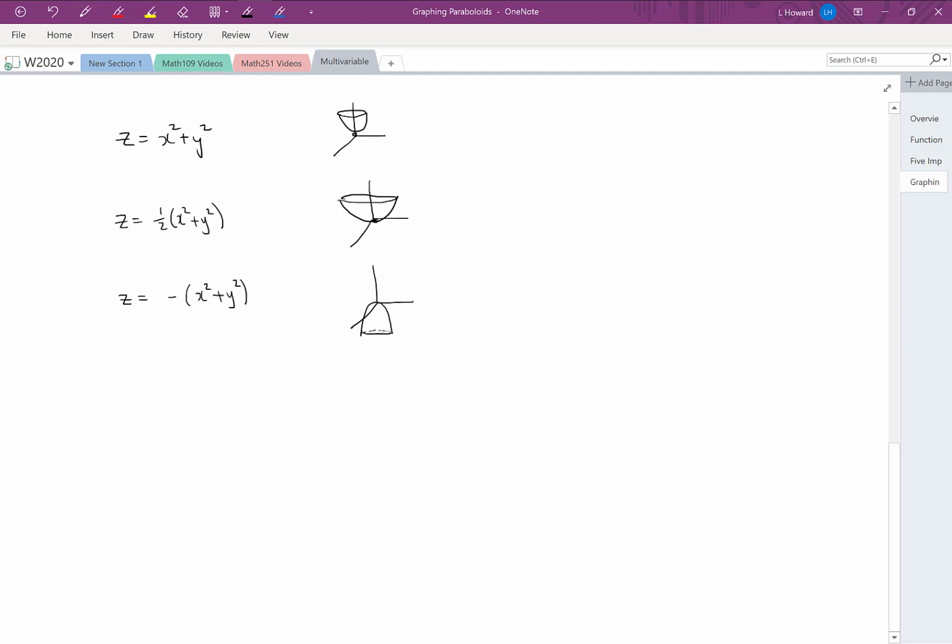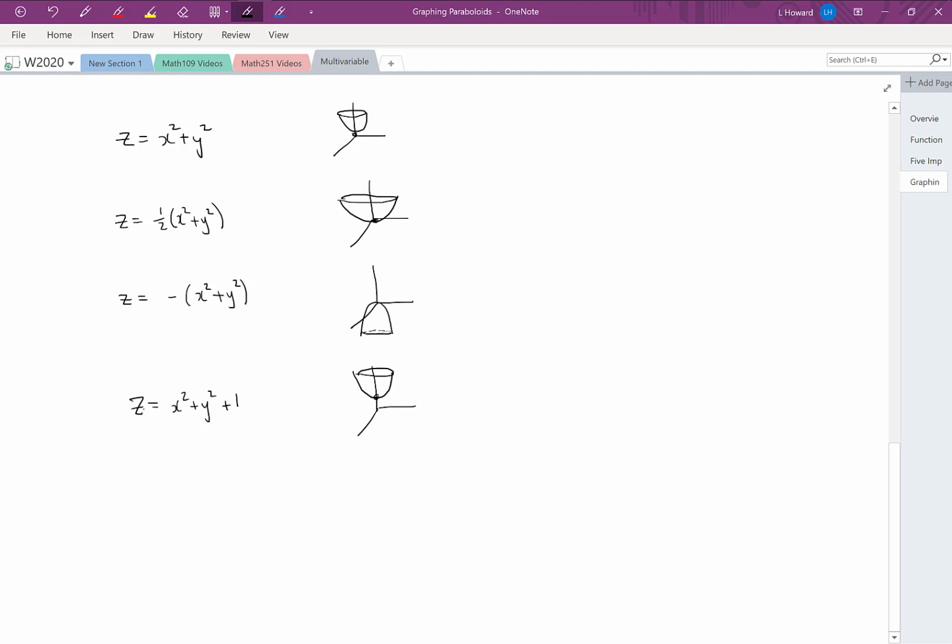You could see something like z equals x squared plus y squared plus 1. So that's just going to be a shift in the vertical direction. Every point on that surface is going to get moved up by 1. So instead of having vertex at the origin, it's going to now have vertex at (0, 0, 1), where z value is 1. So we could draw our paraboloid like that.